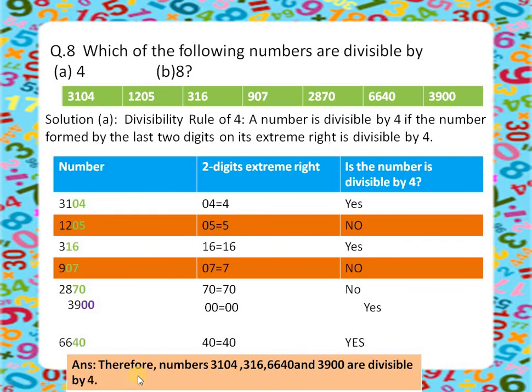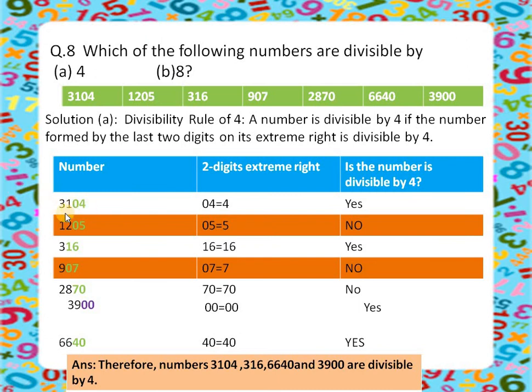There is another part, B, of this question: you have to check the divisibility rule of 8. So what is the divisibility rule of 8? A number is said to be divisible by 8 if the number formed by the last three digits on the extreme right is divisible by 8. Like if you chose two right digits here, next time for dividing by 8 you will choose the last three digits.